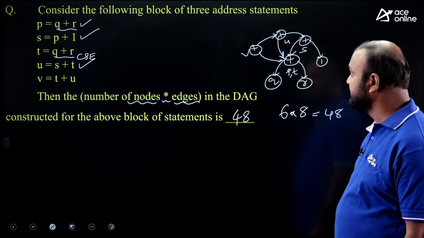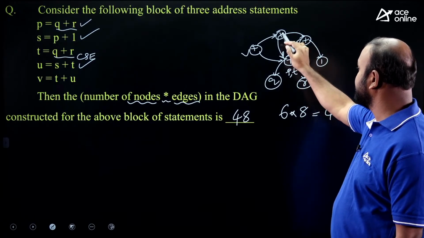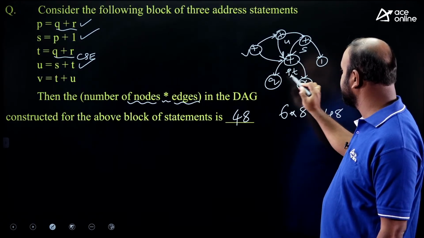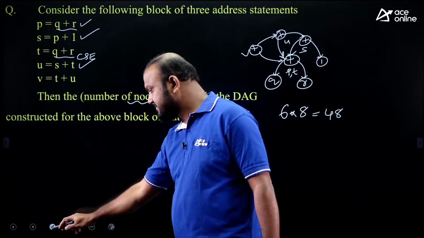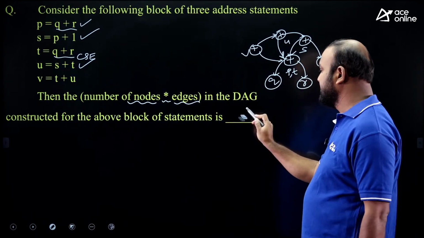Is it clear? So how many nodes? 1, 2, 3, 4, 5, 6, 7. Sorry, this is 7 nodes. Let me write.